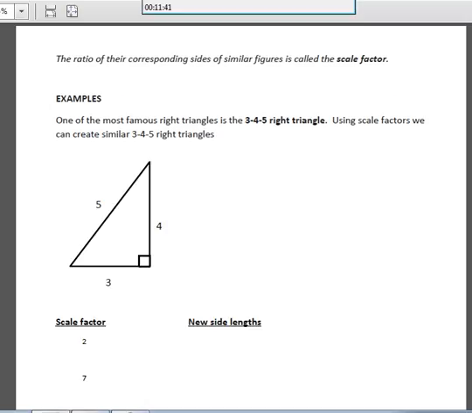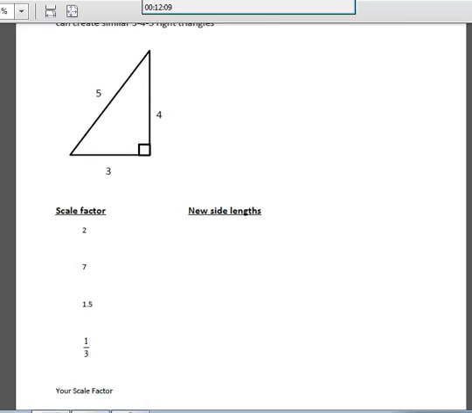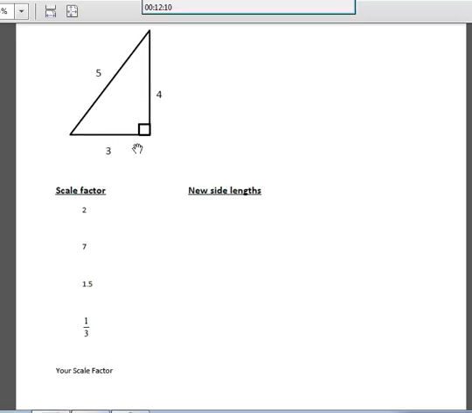In other words, we can create bigger or smaller right triangles that basically have the same angles, and the side lengths are proportional, but they'll be different sizes.